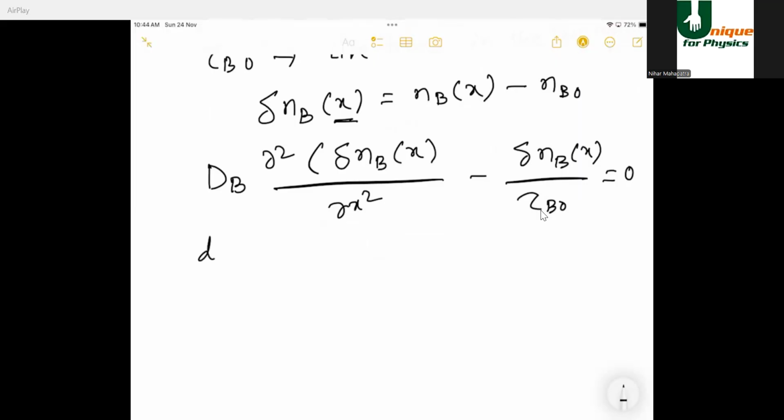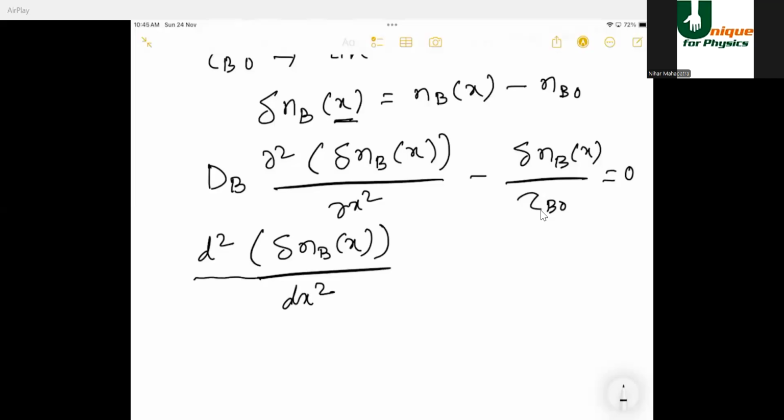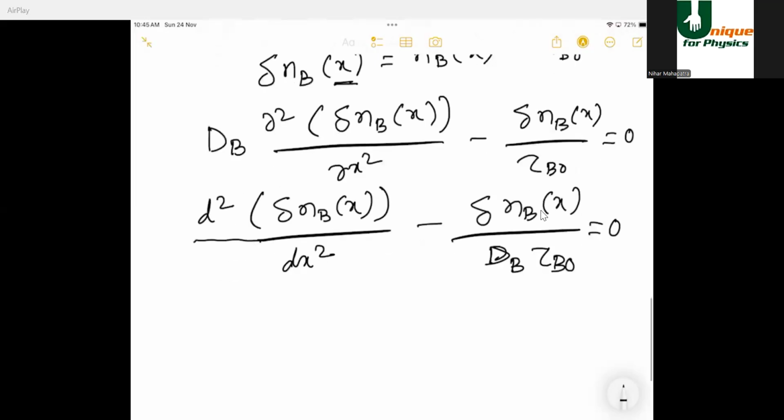So we can write d square of delta NB(x) upon dx square minus delta NB(x) divided by dB tau b0, this is equal to 0. Right?